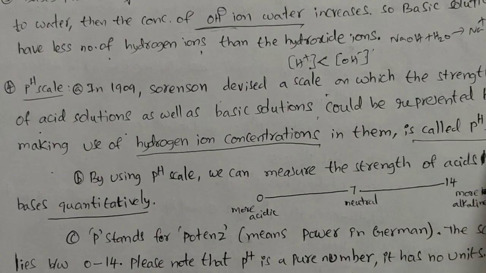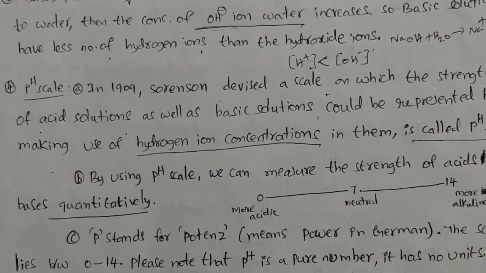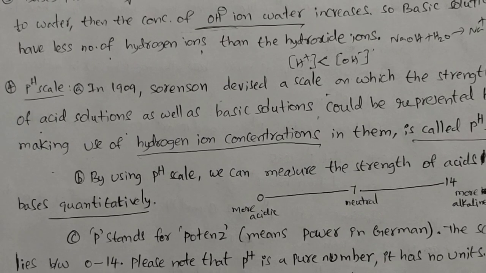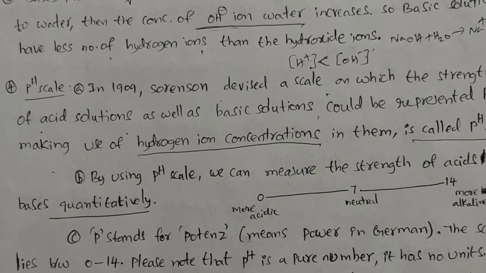That scale is called the pH scale. So what is the pH scale? The pH scale is a scale that is used to measure the strength of acidic or basic solutions, and this scale works making use of the hydrogen ion concentrations present in the solutions.